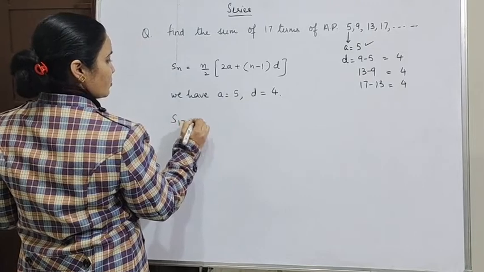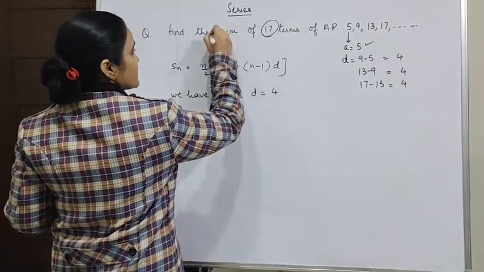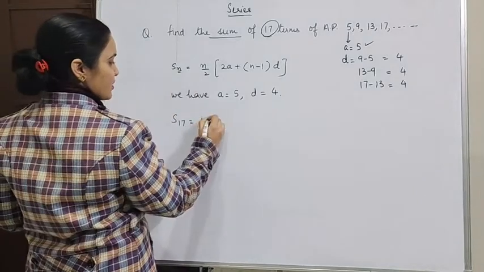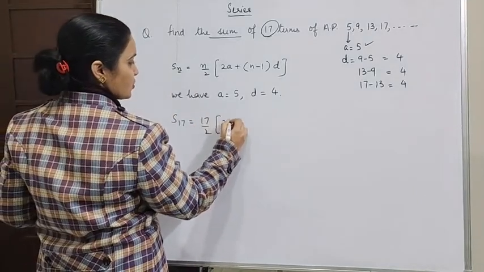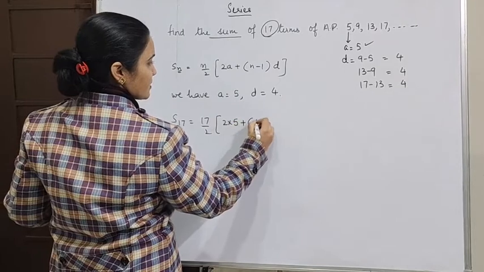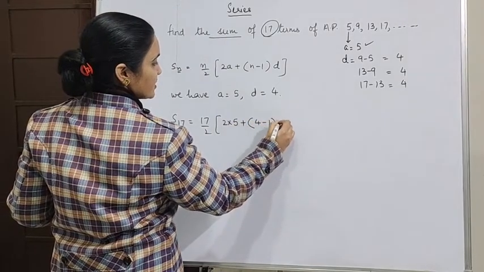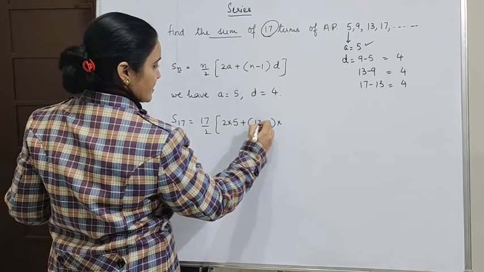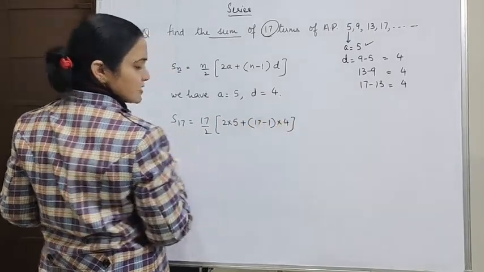We want to find the sum of 17 terms, so n is 17. So it is 17 by 2, 2 into a, n minus 1, that is 17 minus 1, into d, which is 4.